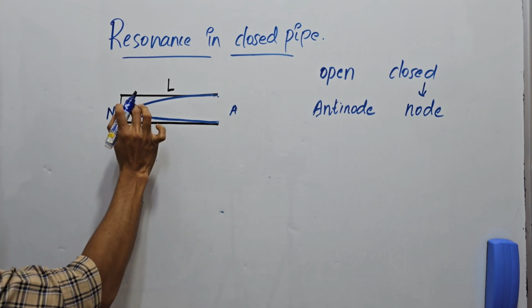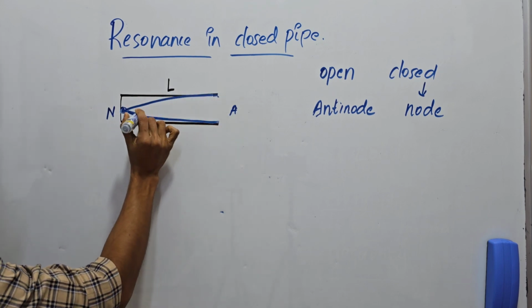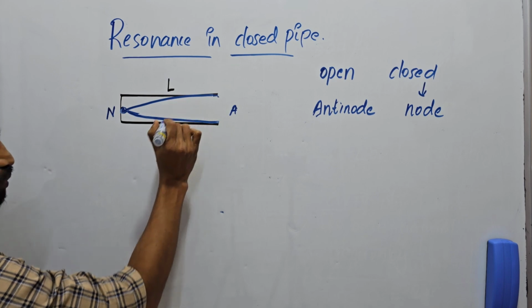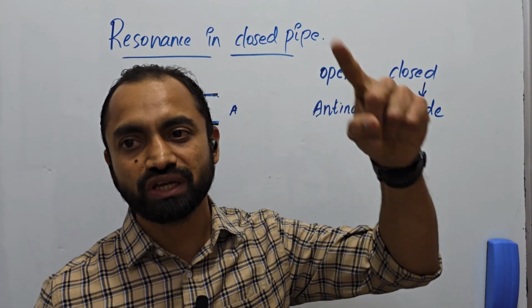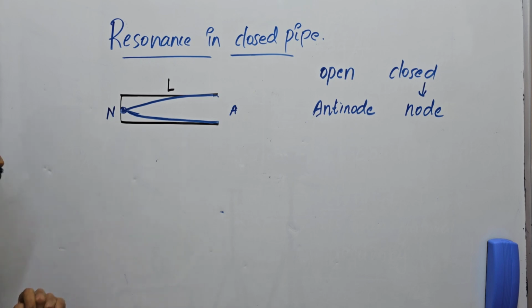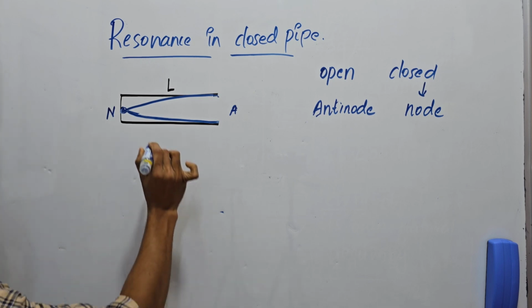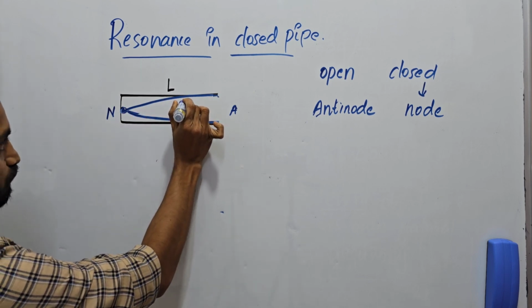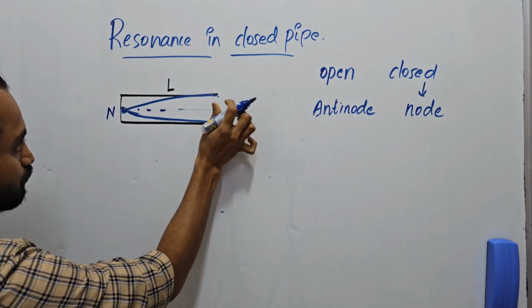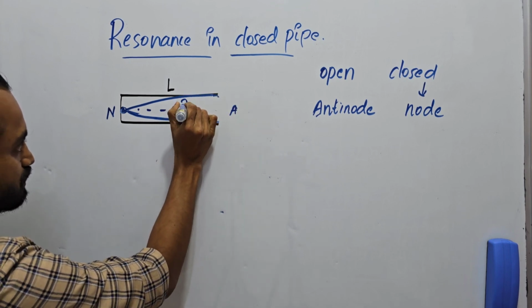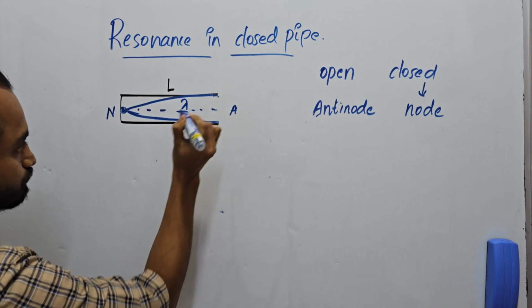So what will be the length of a quarter of a wave? What is the length of one full wave? Wavelength lambda, right? So the length of a quarter of a wave will be lambda over 4.